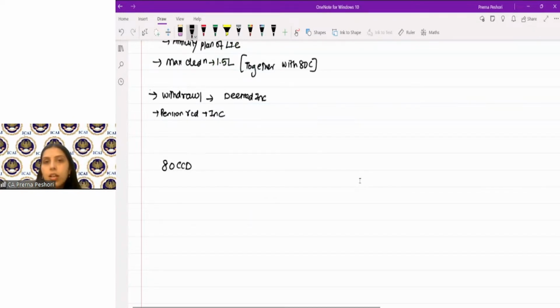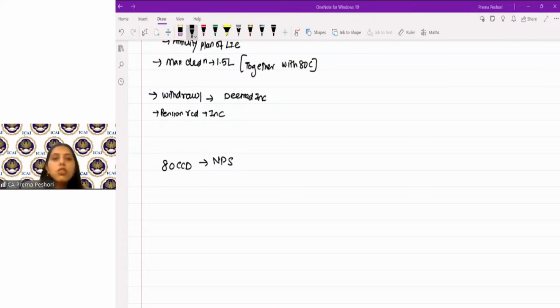80CCD. This is the NPS scheme, National Pension Scheme. Now, what is the National Pension Scheme? Deduction is allowed in respect of contribution made to the pension scheme of the government, which is Atal Pension Yojana, which is a notified scheme.